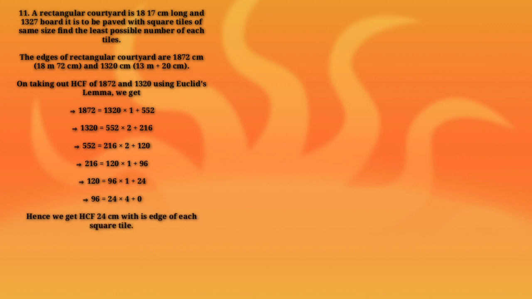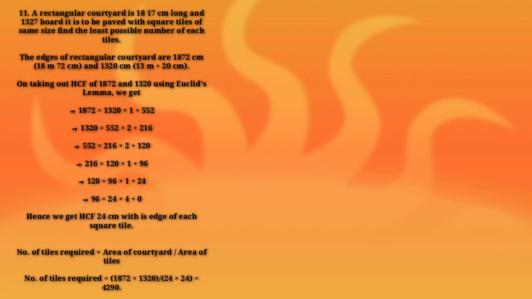So we continue this process by the long division method until we get remainder 0. The previous remainder before 0 will be the HCF of the two numbers. So students, here we are getting HCF as 24, right?